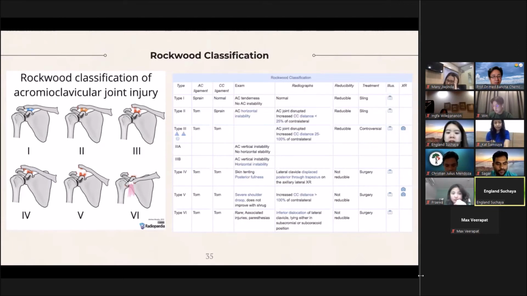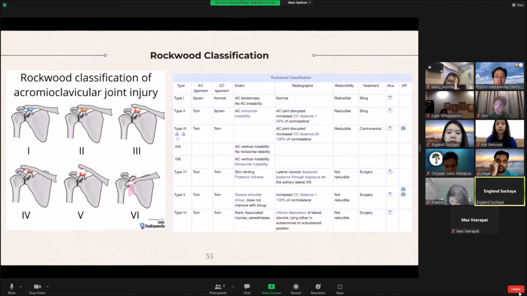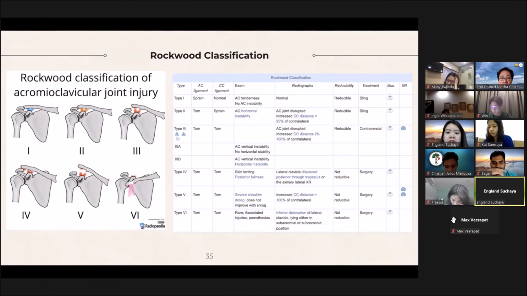For example, type 1 and type 2 are usually treated conservatively. Type 3 is still controversial. Some doctors will choose to do surgery, some won't. But for types 4, 5, and 6, it is an indication for surgery. I will explain the differences in the types in the next slide.